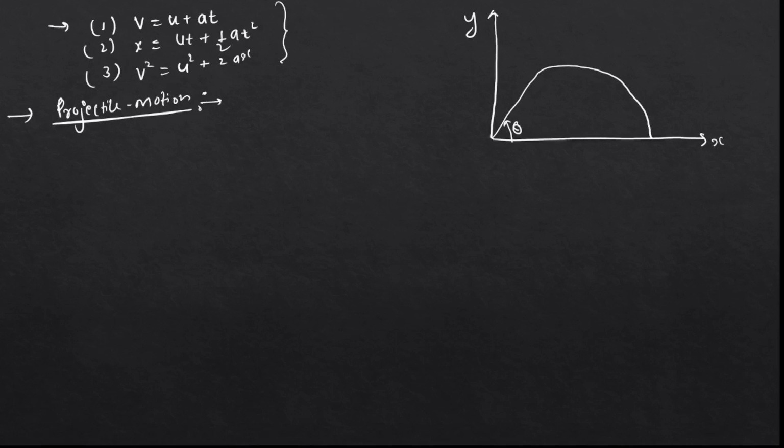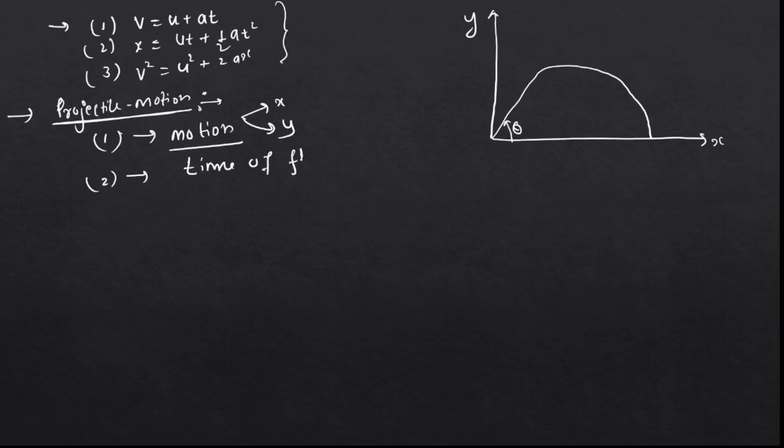And what we need to find in projectile motion, there are a few things that we have to find. First is the motion along x and along y. Second would be its time of flight. Thirdly, its range.